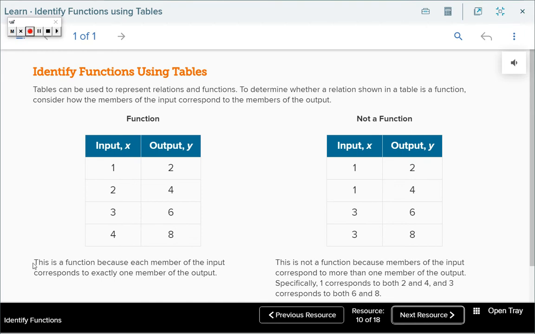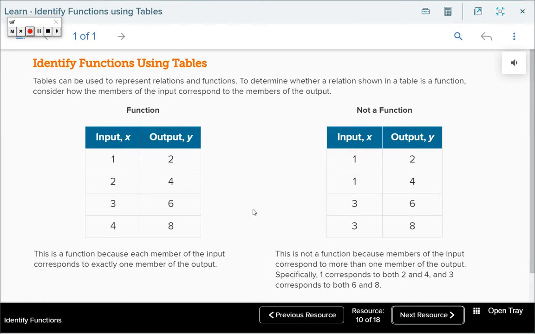Read this. And why is this not a function? Somebody. Because the input what? Has more than one output. These are the same inputs, aren't they? But this input would say I have a 2 and I have a 4. This is a 3, I have a 6 and I have an 8. That does not represent a function, does it?